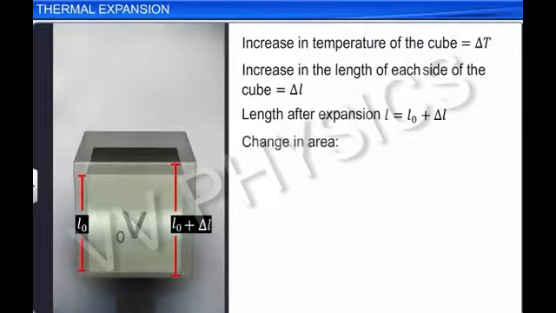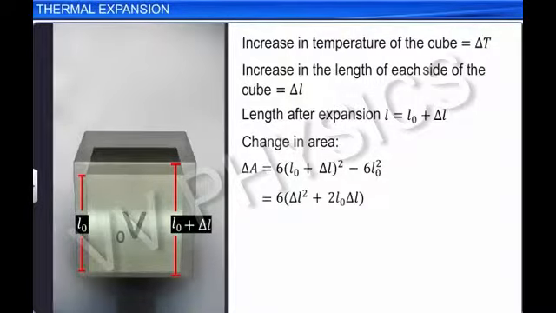Change in area, delta A, equals 6 into (L naught plus delta L) whole squared minus 6 L naught squared. This is equal to 6 into (delta L squared plus 2 L naught delta L). The term delta L squared can be ignored as the value is negligible.